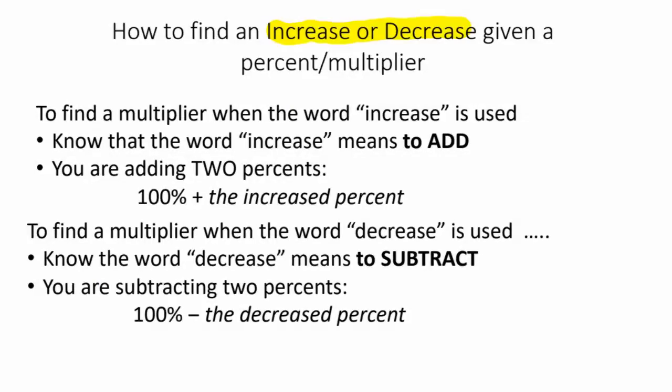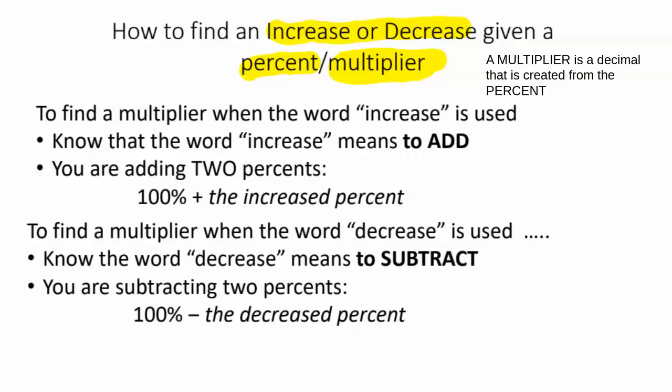But when we look at the percent, we are going to make it into what we call a multiplier. A multiplier is a decimal that is created from the percent.